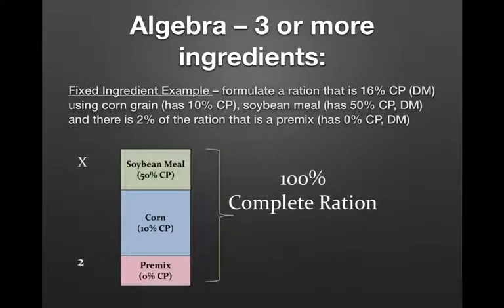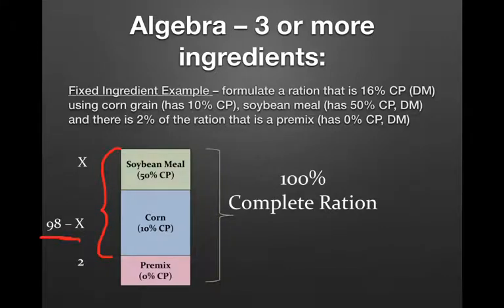Next, we know that this premix is supplying 2% of the total diet. So we know how much that is. So what we're going to need to do is figure out what's our remaining space to work with. That leaves 98% that we're working with minus X. So basically, for this fixed ingredient problem, we're working with this space right here.